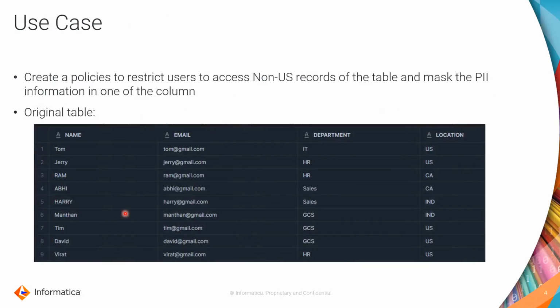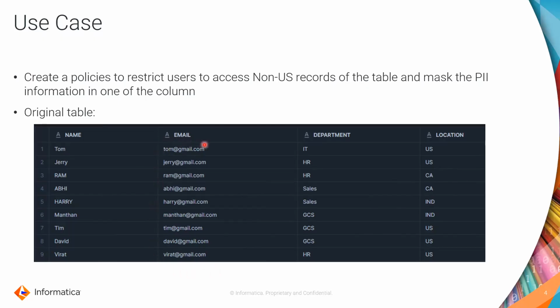Okay, so this is the use case that we are going to take in this session. We'll take this table as an example. In today's session, the use case is that whenever a user requests data, they should not see any records which are outside of the location US. So basically, we'll be masking rows number 3, 4, 5, and 6, as well as masking the email ID.